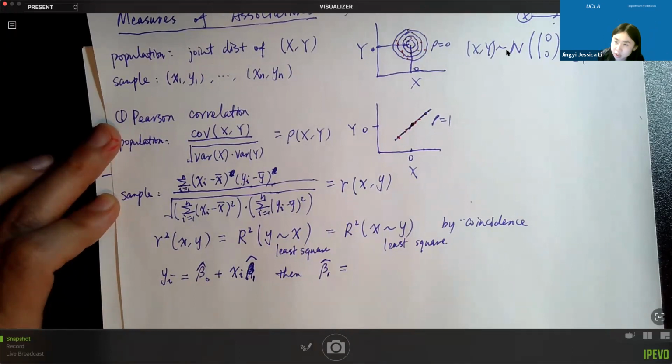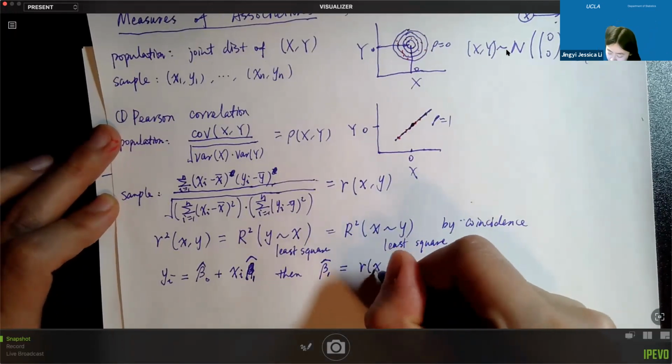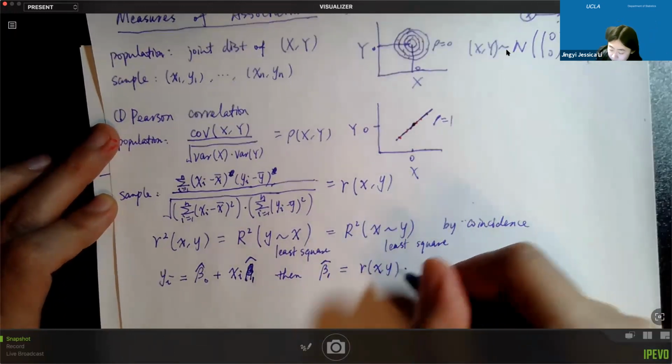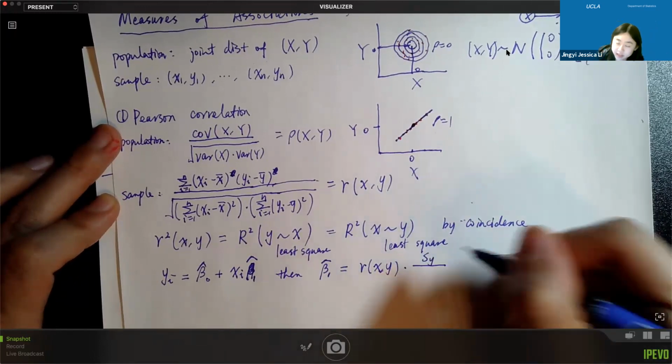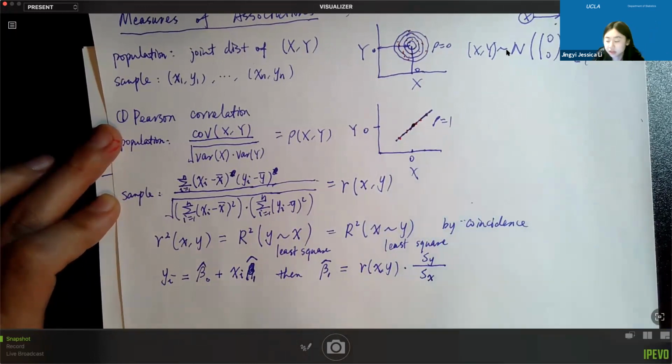It's actually equal to the Pearson correlation Rxy times the standard deviation of y, which I call Sy, divided by the standard deviation of x. This is the least square slope formula we taught in undergraduate class.